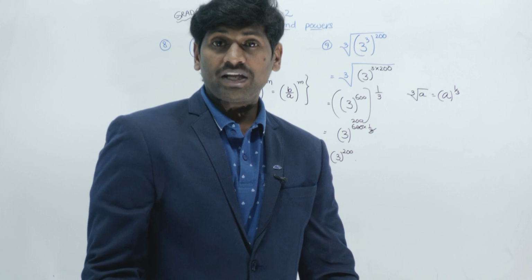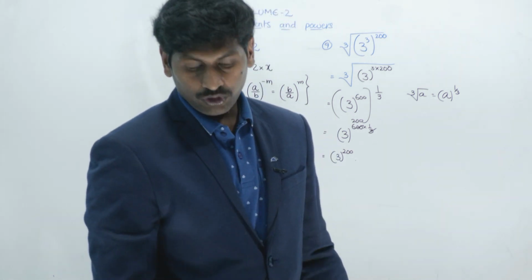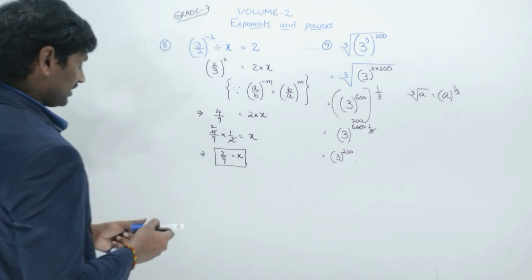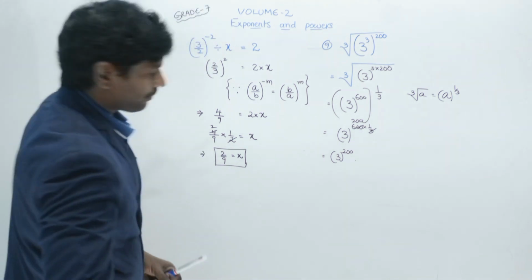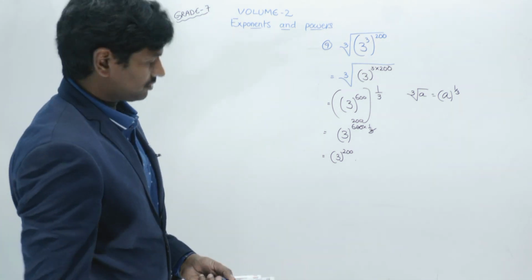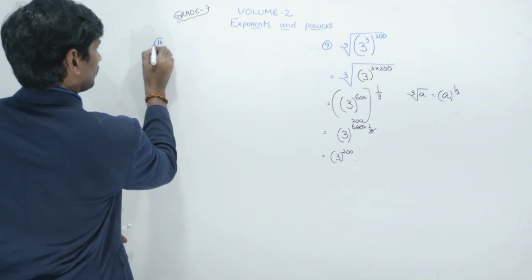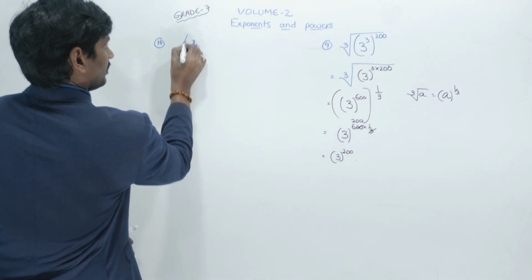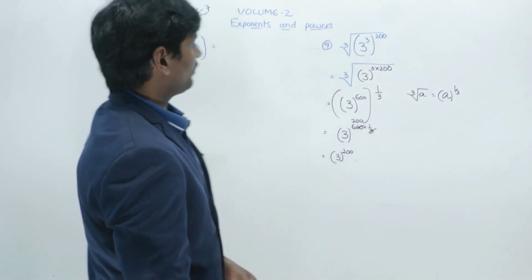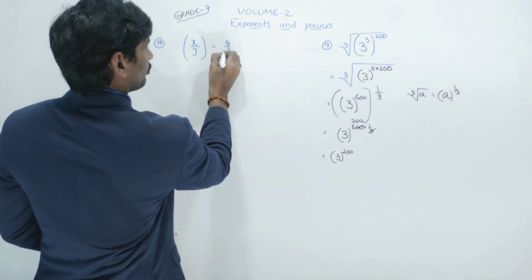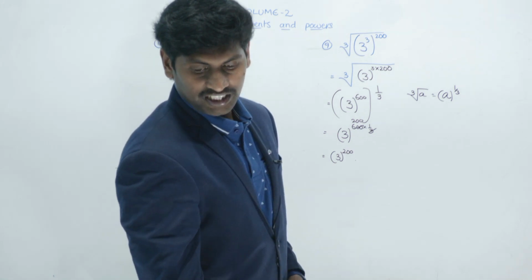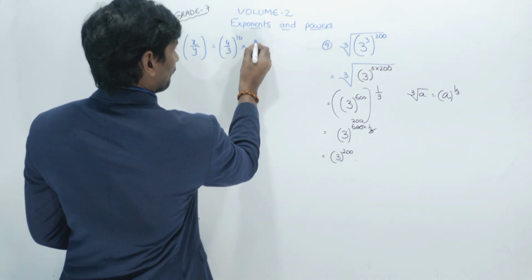That is, if x by y is equal to 4 by 3 whole to the power of 10, 4 by 3 whole power 10 into 3 by 4 whole power minus 10.